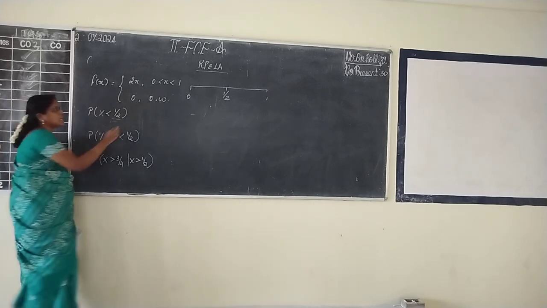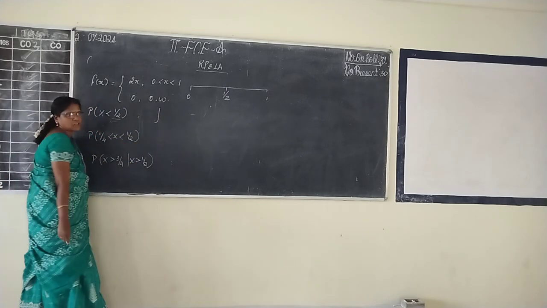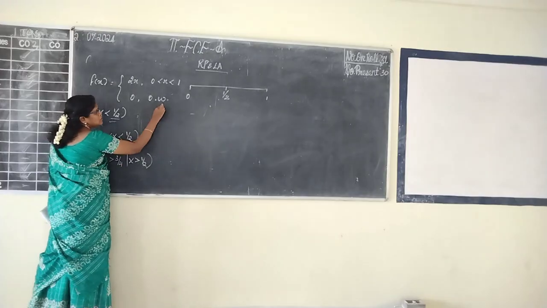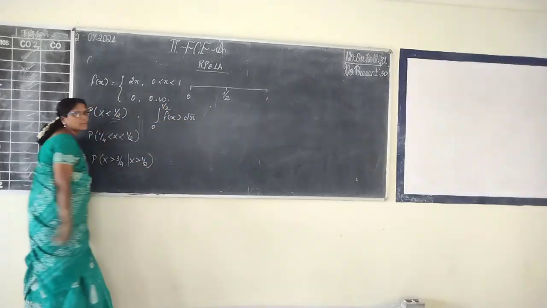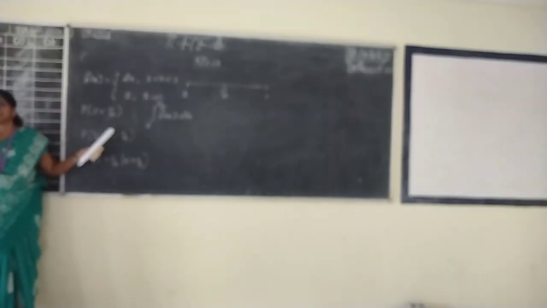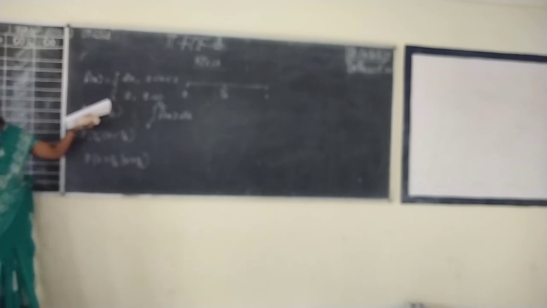Okay, since it is continuous, we are going to do our integration. Integral of 0 to 1 by 2 f of x. Discrete means you add, continuous means you integrate. So 0 to 1 by 2 f of x. What is f of x given? 2x.